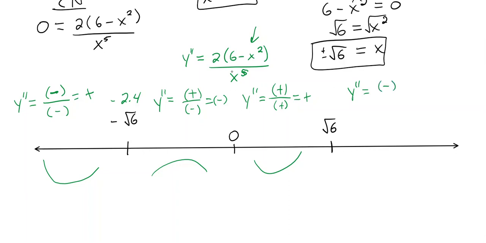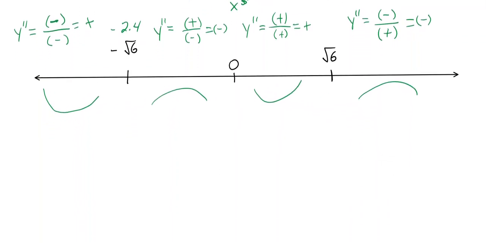And then in the denominator, positive 3 to the power of 5 is coming out positive. So this is going to be negative divided by positive. That's coming out negative, so this is going to be concave down. So there you go. We now have a pretty good sketch of where our regions are concave up or down.